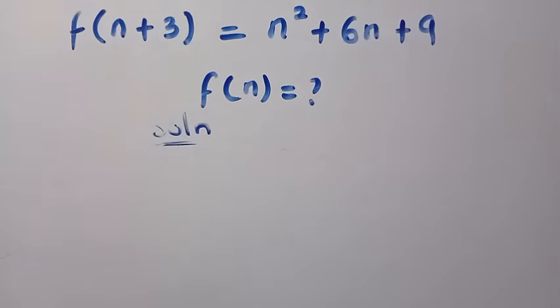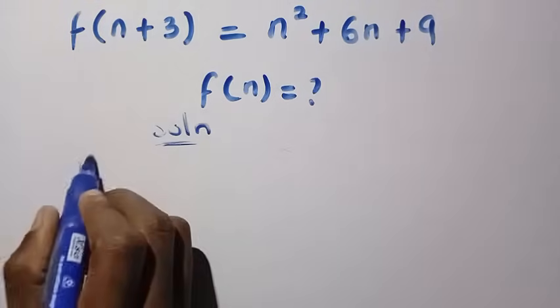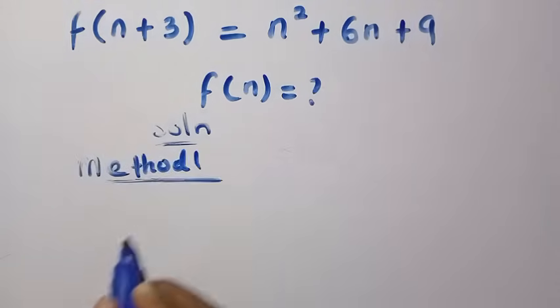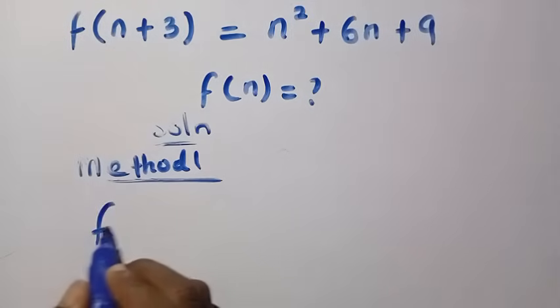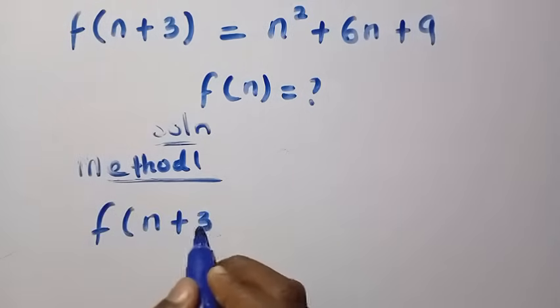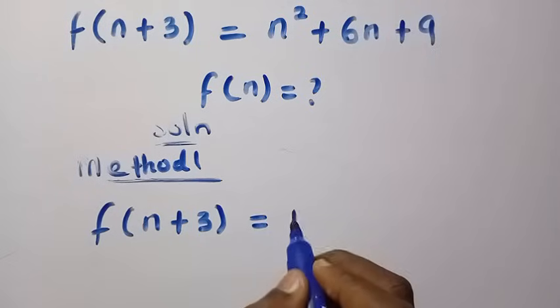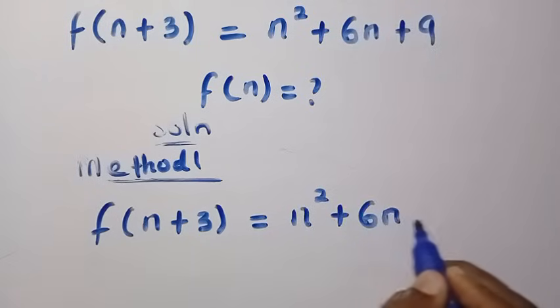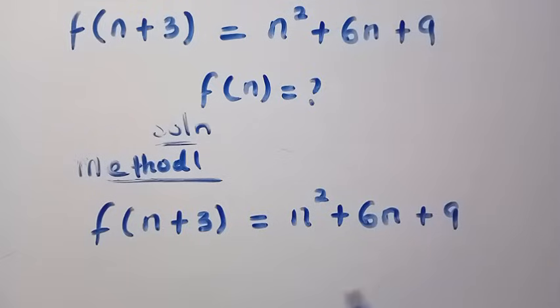And for the first method, let's call this one method 1. The function says f of n plus 3 equals n squared plus 6n plus 9.